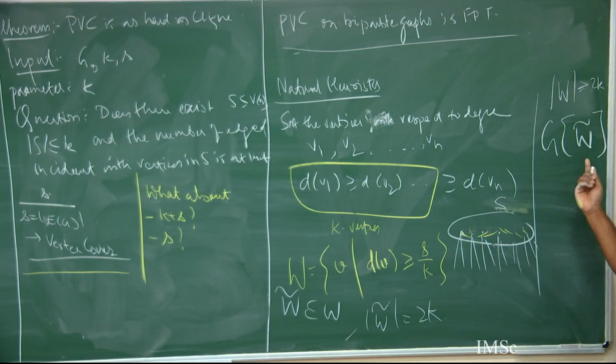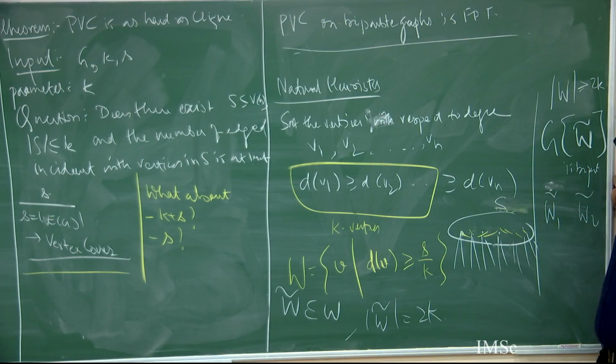What is this graph induced on W tilde? If G was a bipartite graph, this is bipartite, which implies there exists a partition of W tilde into W1 tilde and W2 tilde. Look, by the pigeonhole principle, at least one of these two sets has a cardinality at least k.